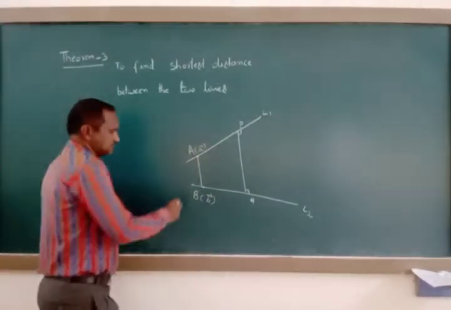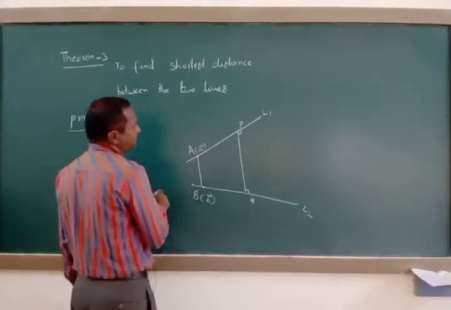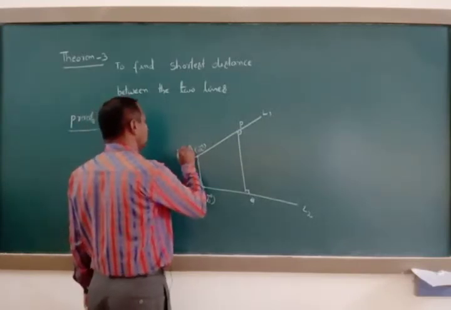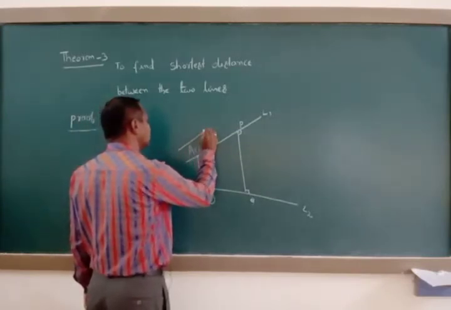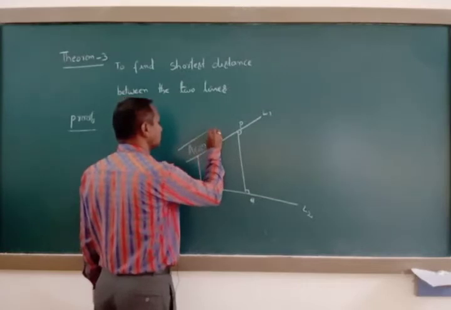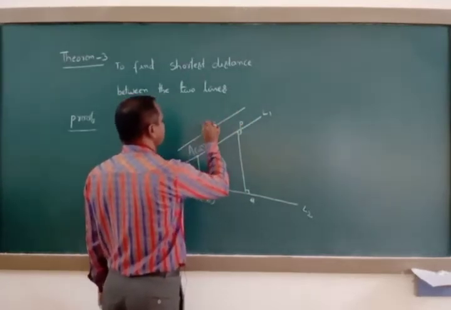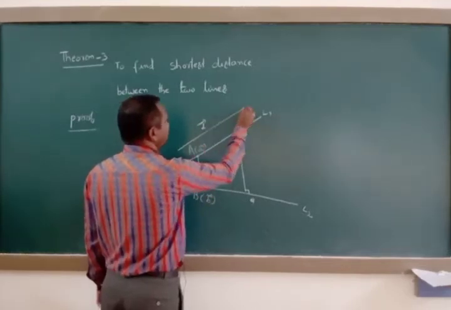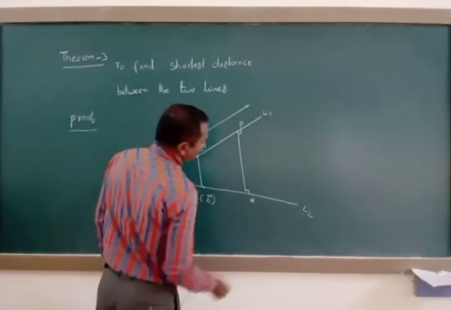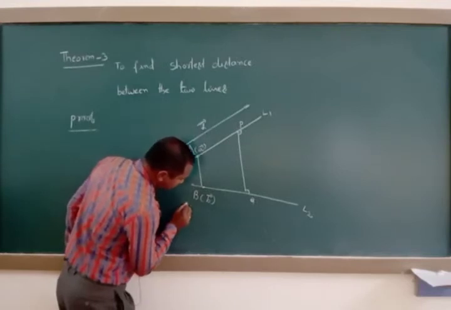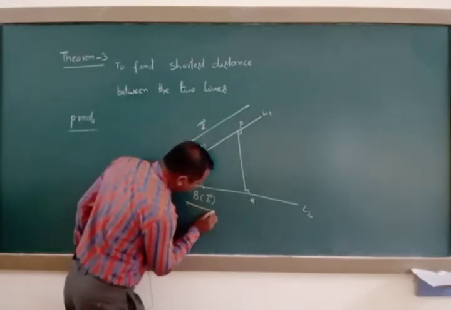Take vectors parallel to L1 and L2. Alpha vector is parallel to the line L1, and beta vector is parallel to one more line L2.